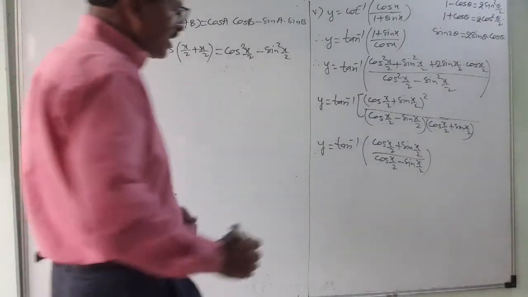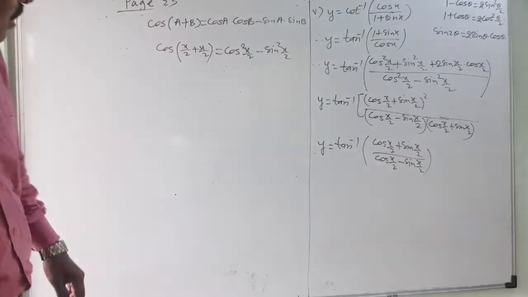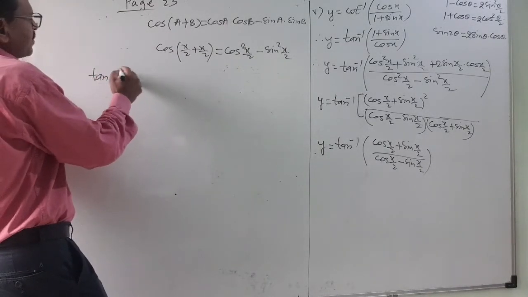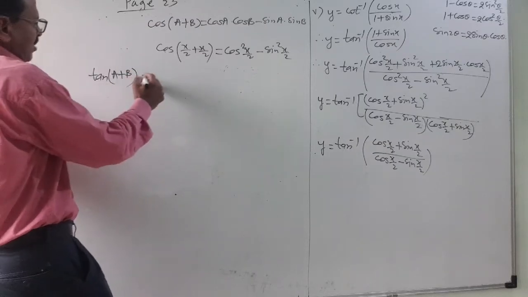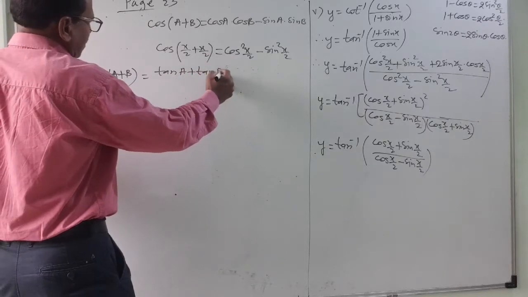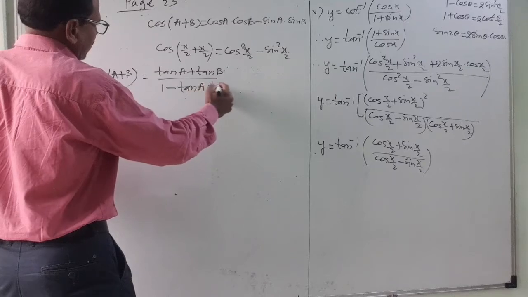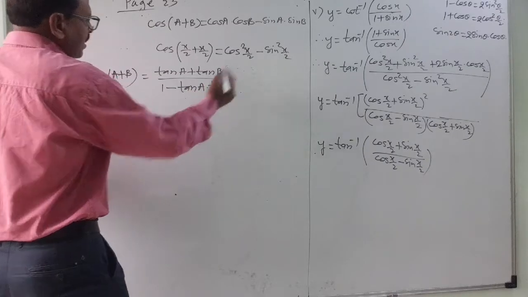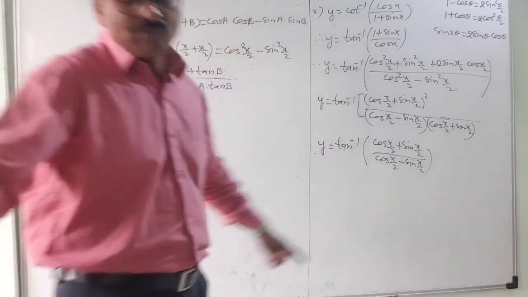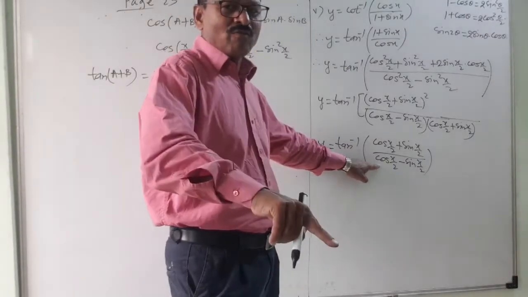Now what I can do next is, from this I know one formula. Tan of a plus b is equal to tan a plus tan b upon 1 minus tan a into tan b. That means here I want 1. How to bring 1? If I divide, then it will become 1.